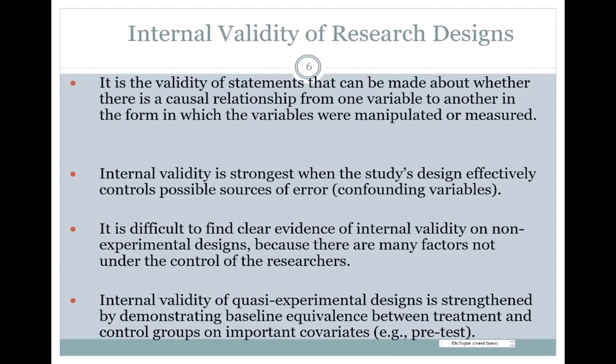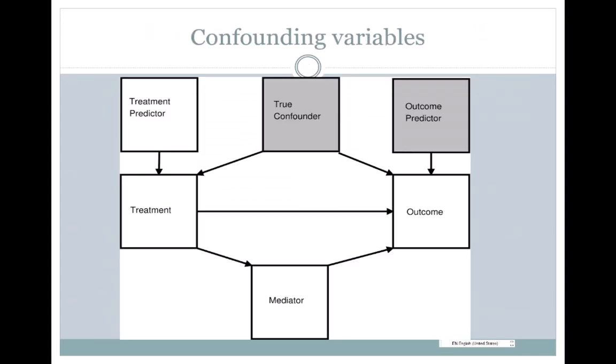Obviously, it also assumes that there are no omitted covariates. In other words, the covariates that you are demonstrating baseline equivalence on are the only covariates that are confounders, and you haven't omitted any. So no omitted confounders is an assumption here. So talking about confounding variables, what's a confounding variable?